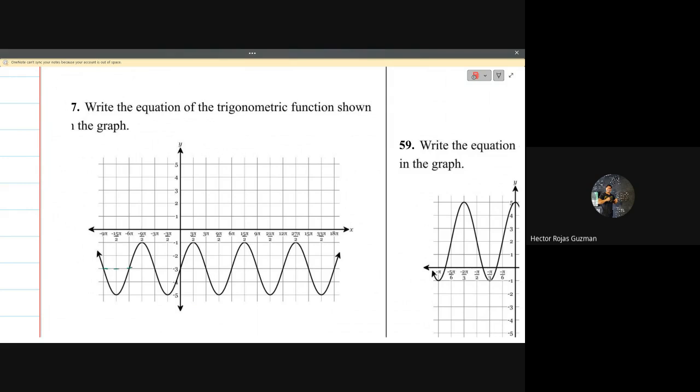Look at that. Here's my midline. If you look on the y-axis, I think that's going to be enough for you to figure out if this is a cosine or a sine graph. Here's my first point. Starts in the middle. Middle, high, middle, low, middle.